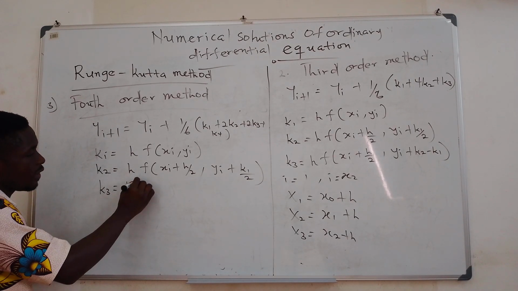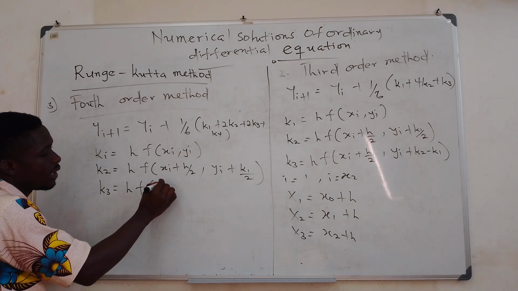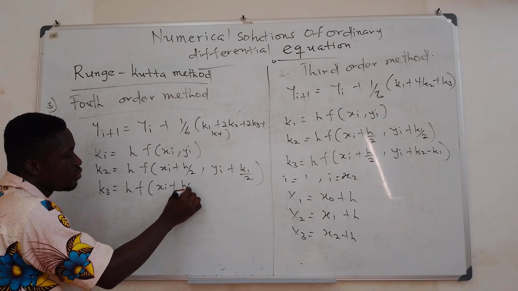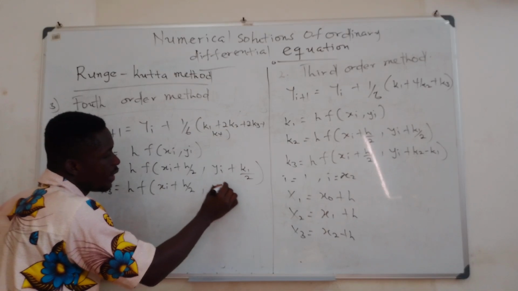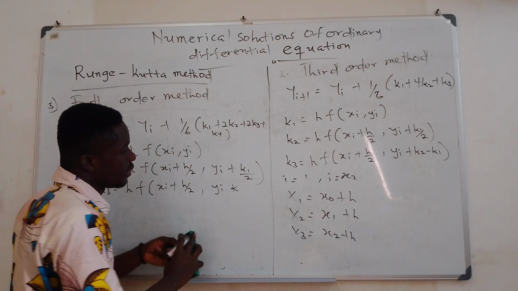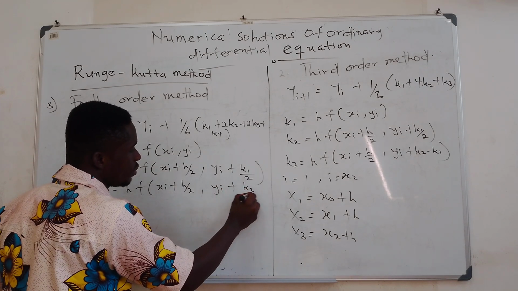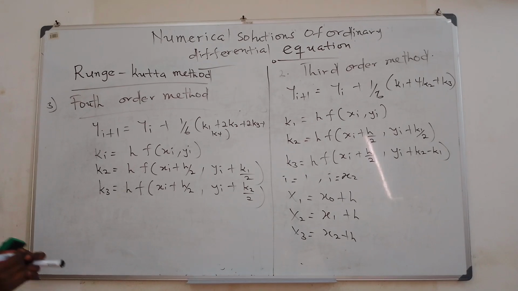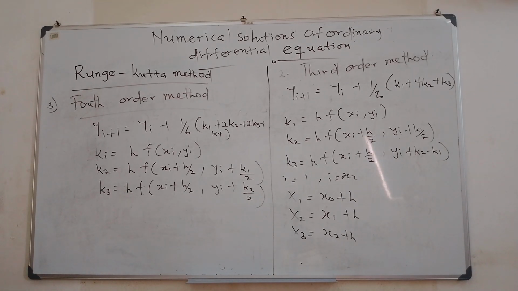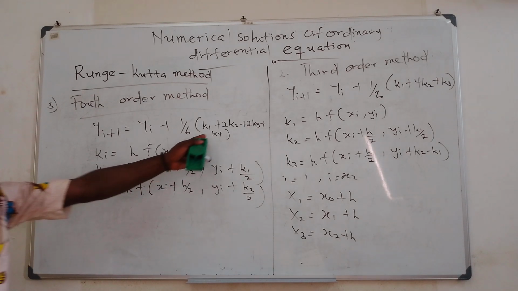This is h of f of xi plus h on 2, yi plus k2 on 2. Very well. Now our fourth term, how do we find k4?